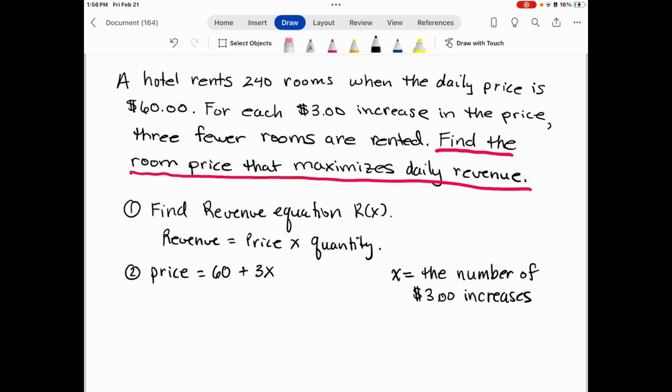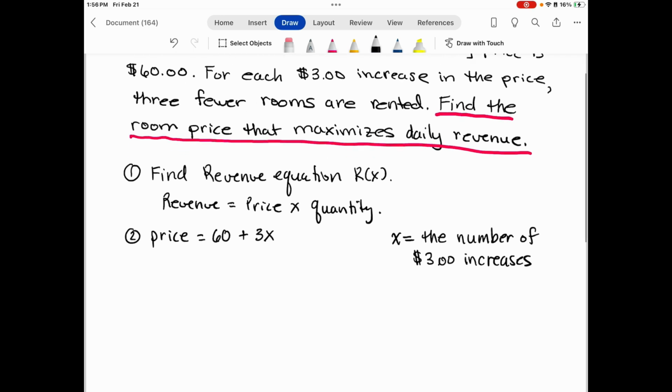So, for example, if we had 2 increases, that would mean I would have $6 in total increased. So I would have 60 plus the $6 of the amount that's increased to give me $66 for the price. Okay, so there's our price equation, and then let's find the quantity equation next.